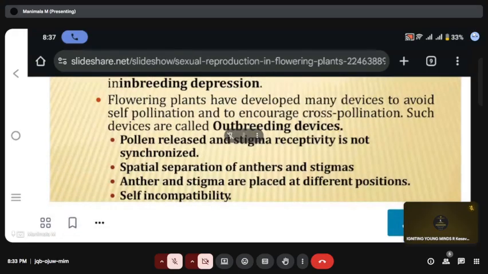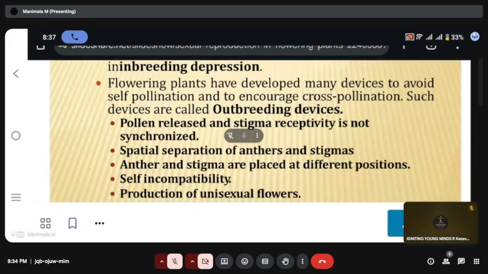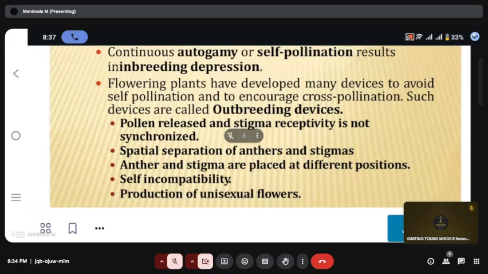So to prevent self pollination and encourage cross pollination, the plants will develop devices, right? These devices are called outbreeding devices.